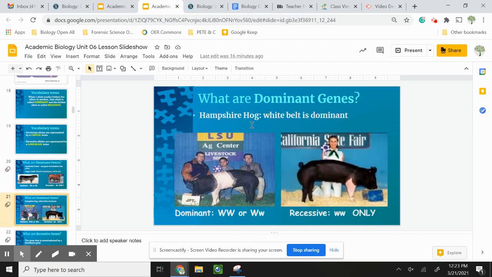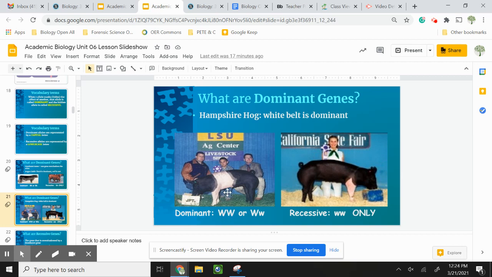This is a Hampshire hog. And in a Hampshire hog, having this white band around itself, this white belt, that's a dominant characteristic. We're going to assign it the letter W because we always assign the dominant characteristic the letter. And so this pig here is big W, or homozygous dominant.